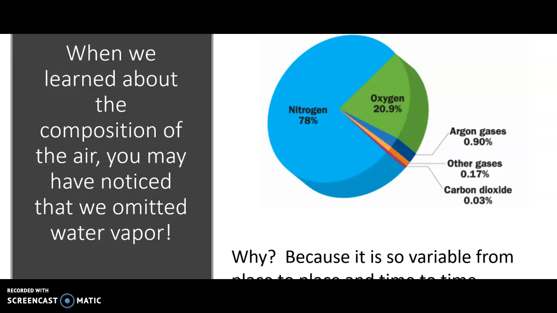During the day today, the amount of moisture in the air will likely increase as it warms up. And from place to place, in certain places there's going to be a lot of water vapor, and other places there's going to be less, and time of the year. So all those things make it difficult to give you a nice pie chart like this when we include humidity.